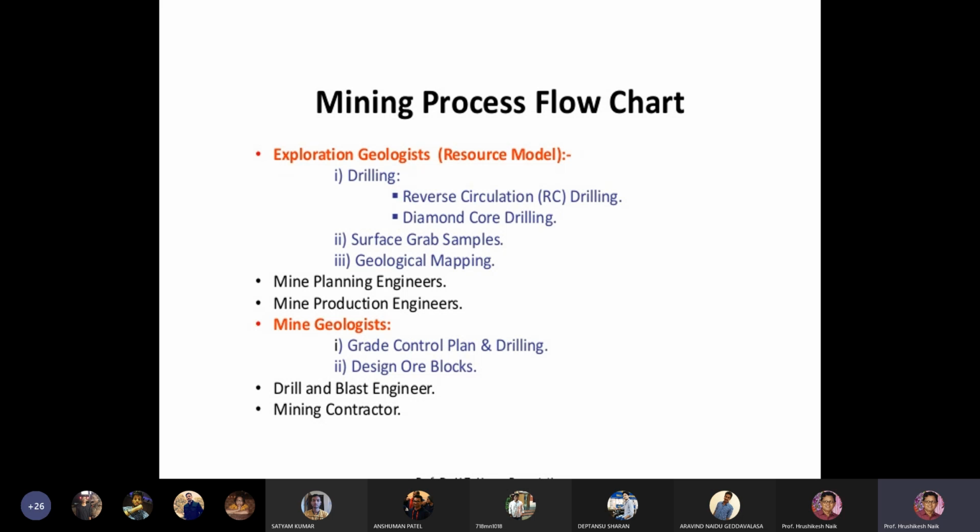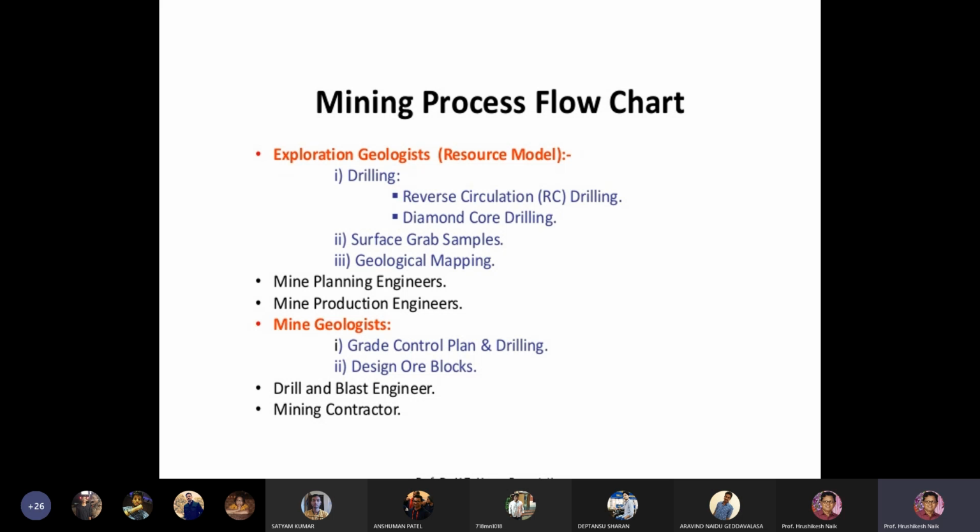Then after that, the mining engineers carry out the design and planning. Planning and design of the mines are carried out by the mining engineers, and they go for production of the minerals. In the mine production phase, the engineers produce the minerals. So these are the steps you have to follow to extract the mineral.